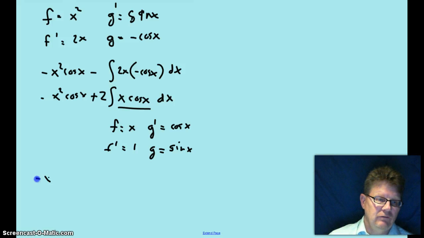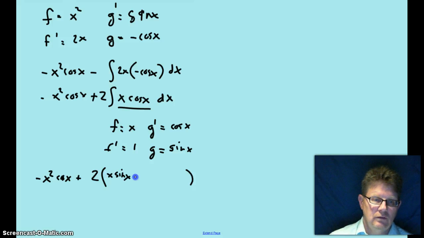So we have negative x squared cosine of x plus 2 times, alright, f times g, x sine x, minus the integral of 1 times sine x dx.